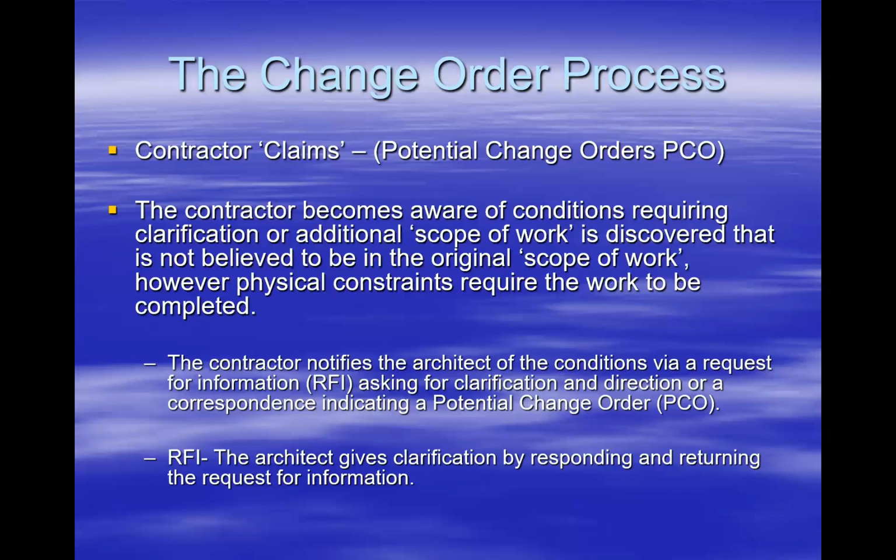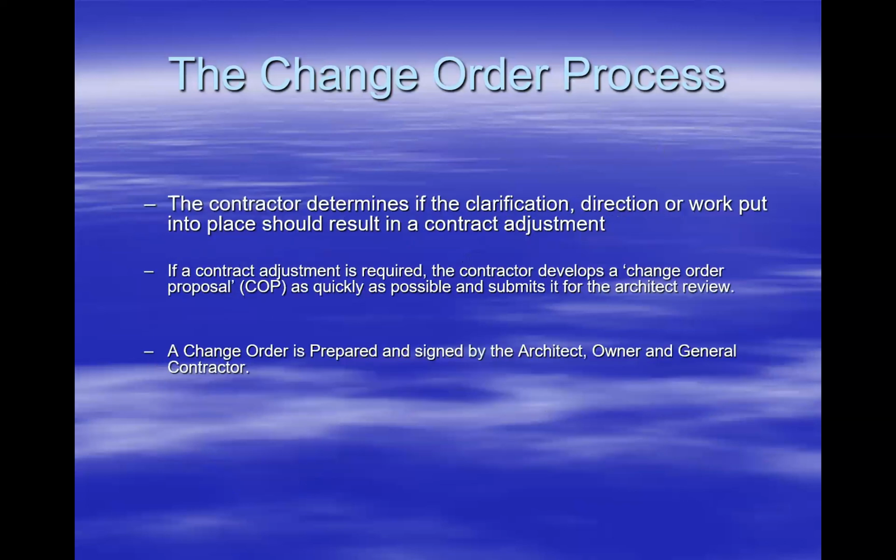Okay, so the architect gives clarification, and if it does result in some type of a change, then we document that. And then the contractor determines if the clarification, direction, or work put into place should result in a contract adjustment. So that's what I was just talking about.